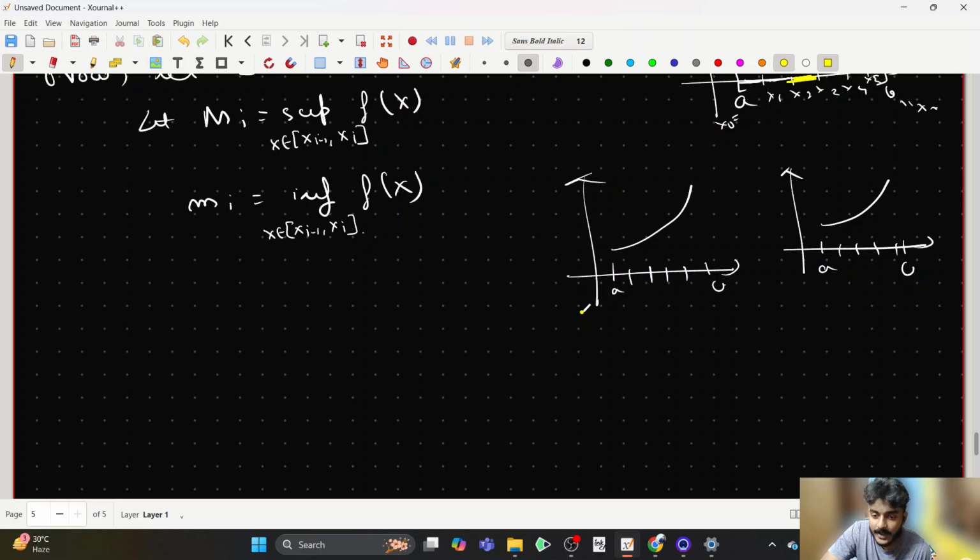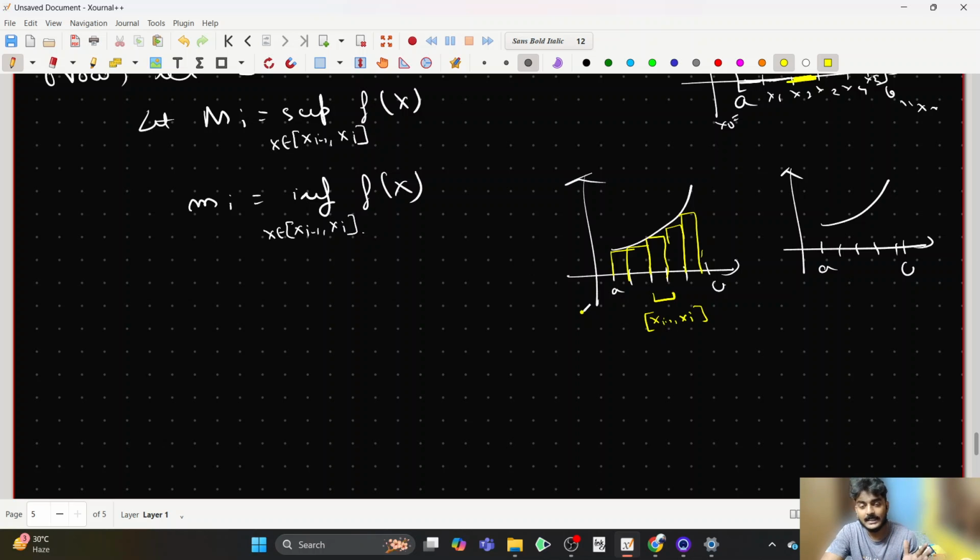Now, suppose I am in this partition, the closed interval xi minus 1 to xi. So I am choosing the minimum value which f attains on this interval, and that can be graphically seen to be this. Fine. So in this case, I can consider this rectangle, and similarly all the rectangles are there. Okay, getting my point?